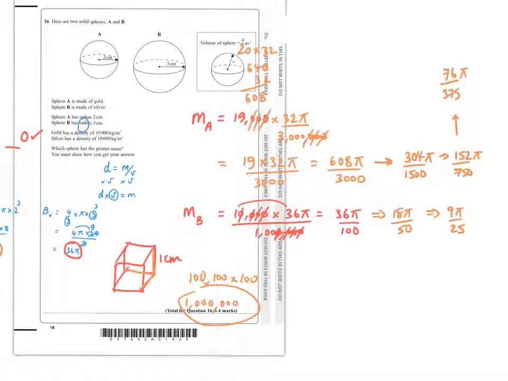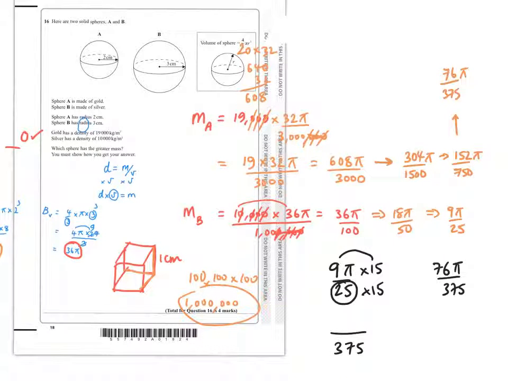Now, I'm probably going to get loads of complaints for the way I've done this question, but if you kind of compare 9 pi over 25 with 76 pi over 375, well, how many 25s go into 375? Well, that's going to be 4, 8, 12, 13, that's going to be 15 of them, isn't it? So if you times that by 15 and that by 15, you're going to get this one out of 375.